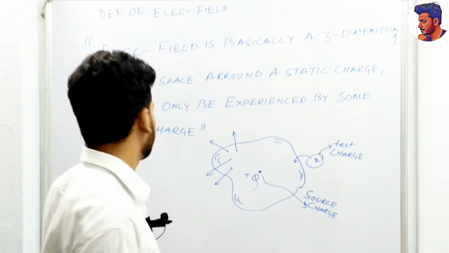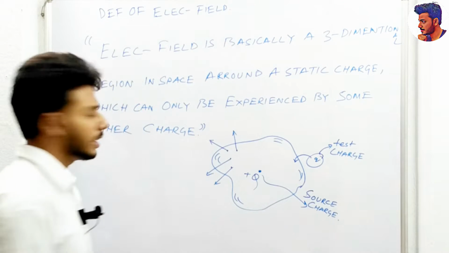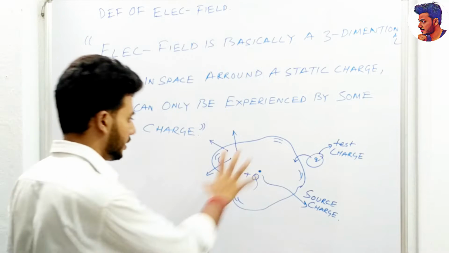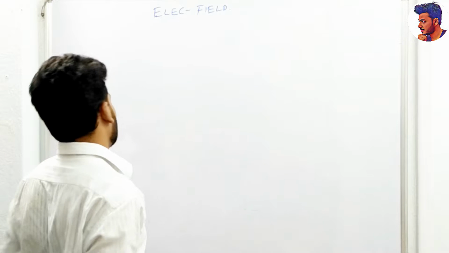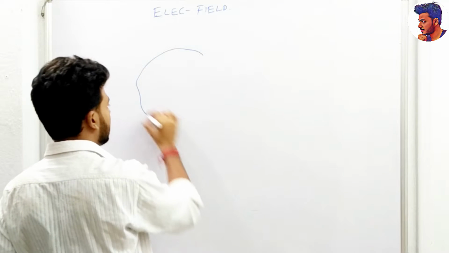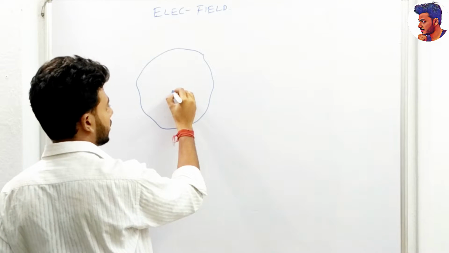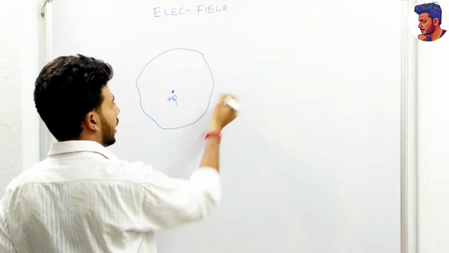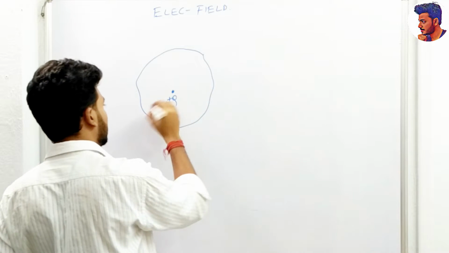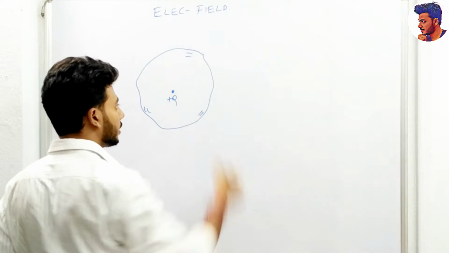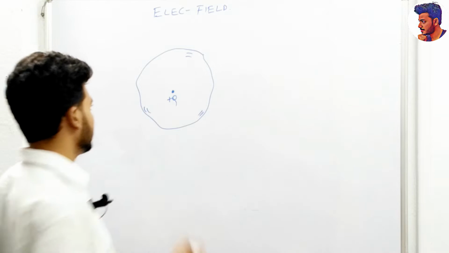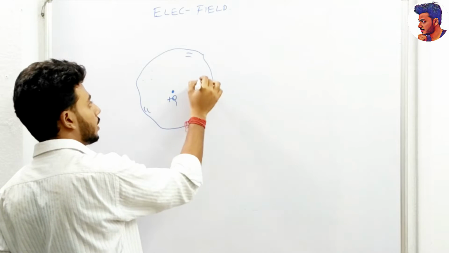Okay, let me clarify this. So what happened? It is an electric field. This is my source charge, and it is a three-dimensional field. Now, according to the definition of electric field, every point is affected by some kind of force.